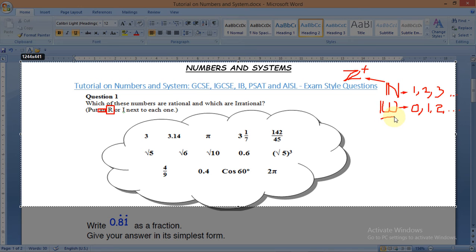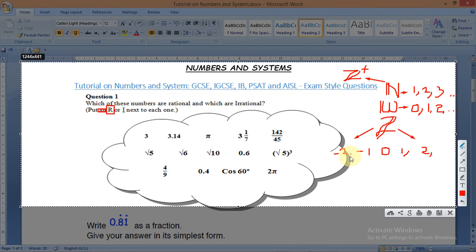Then you have a bigger set now, integers altogether. Integers can be divided into positive and negative integers, and we have 0 in between. To the right hand side of 0 you have counting numbers, and to the left hand side of 0 you have the image of the counting numbers, which are the negative part. And they are infinite sets too.